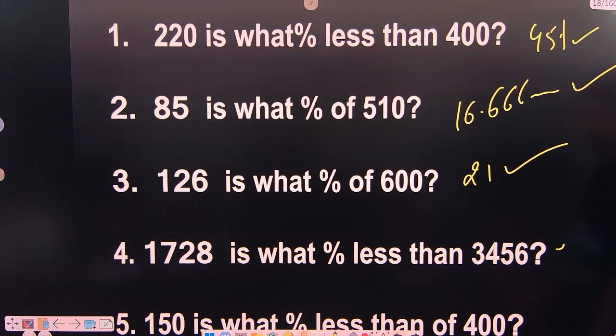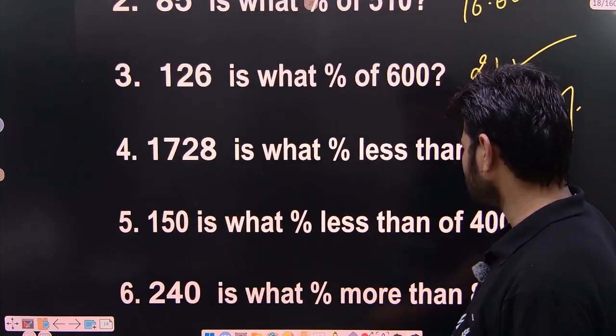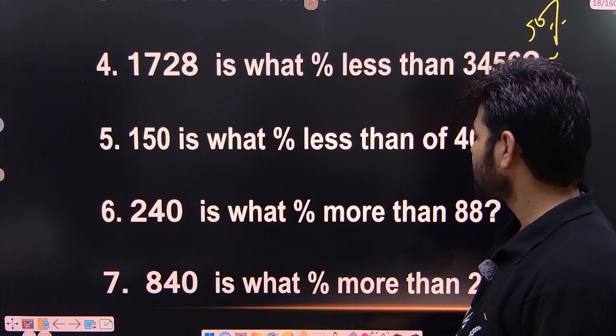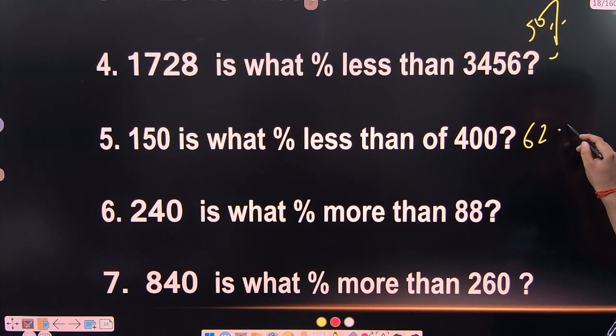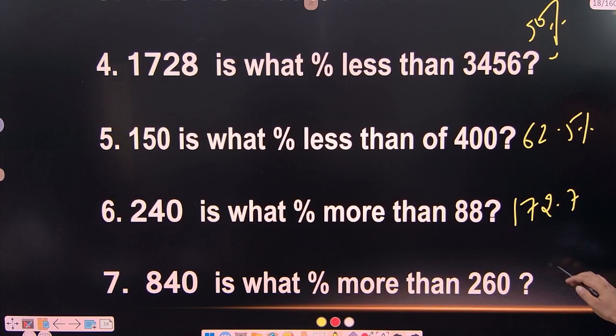And 50%. Very nice. And 2.5, 62.5. Very nice. And 172.7. Very nice. And 3.07%. Very nice.